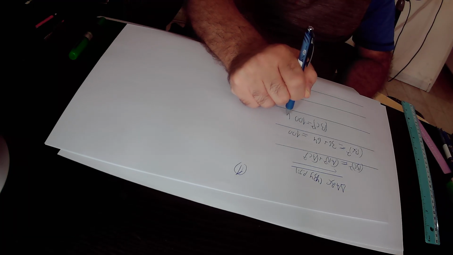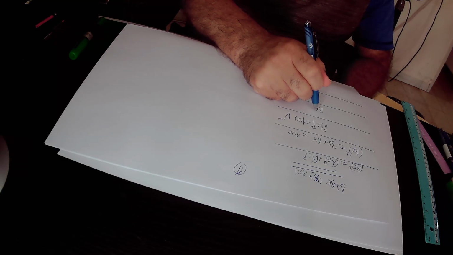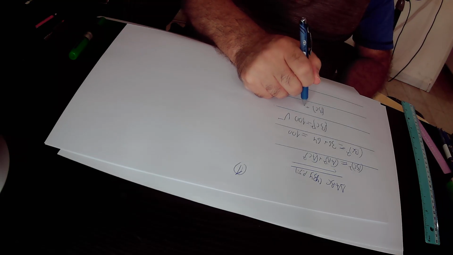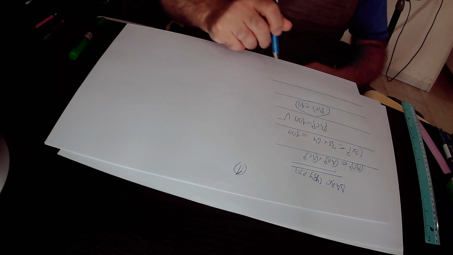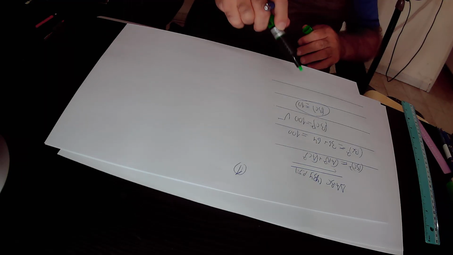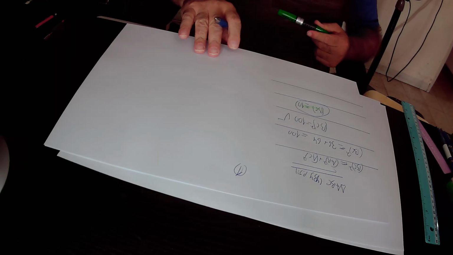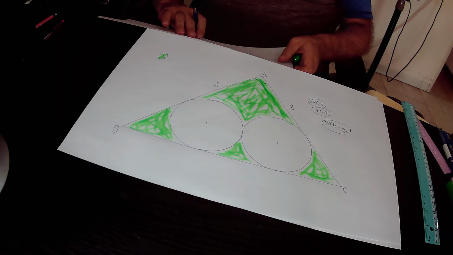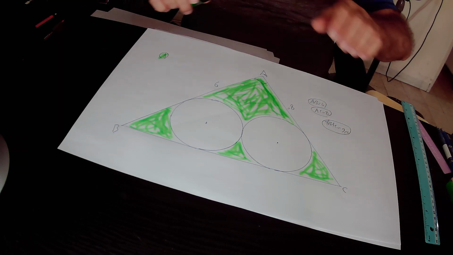Here we take the square root of this equation and finally get that the hypotenuse BC equals the square root of 100, that is 10. So BC equals 10 units in length.